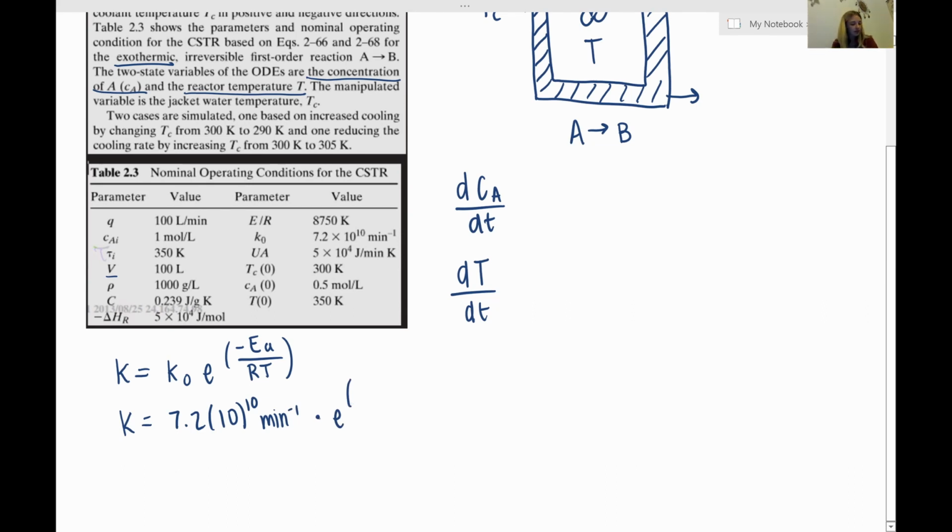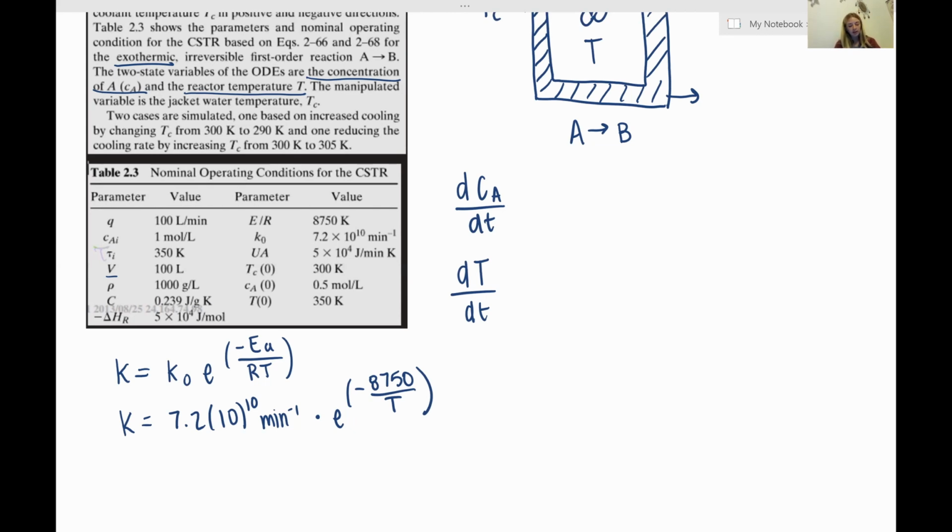We have a negative sign in front of our activation energy, so we need to include that: negative 8750 kelvins over the temperature. The Arrhenius equation gives us a gauge of how much temperature is going to have an effect on the frequency of collisions.